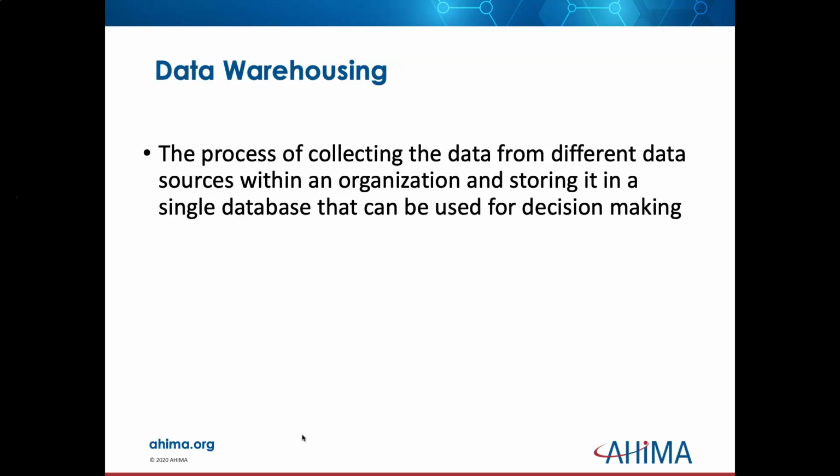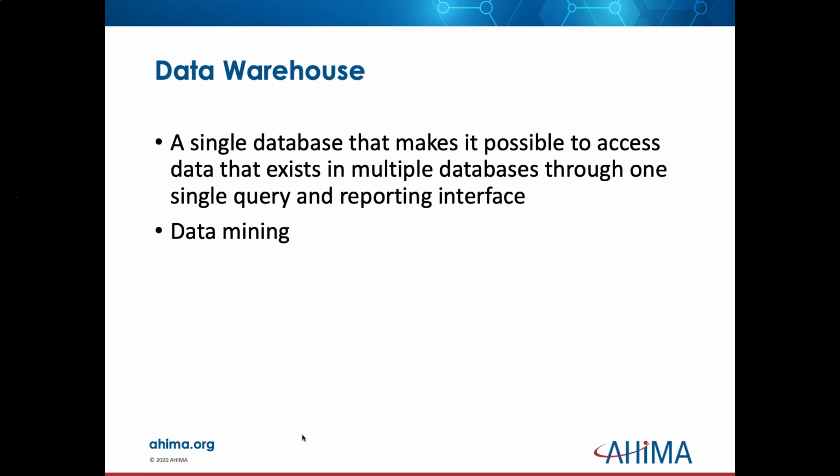Data warehousing is a collection of data from different data sources within an organization and storing it in a single database that can be used for decision making. So for instance, if you have 5 different databases and you put them all together, it's called a data warehouse. And you can go in there and then pull information from all of the different databases into one report. I have done that when I worked in quality management.